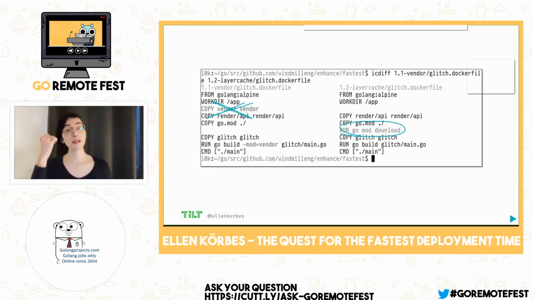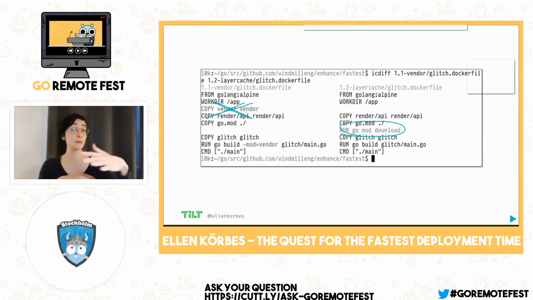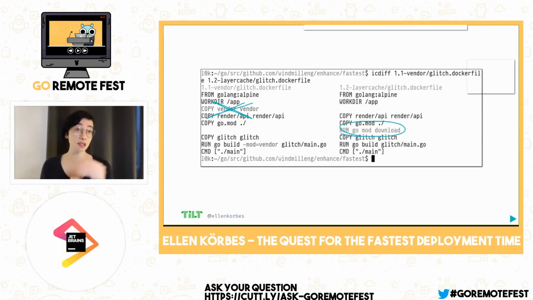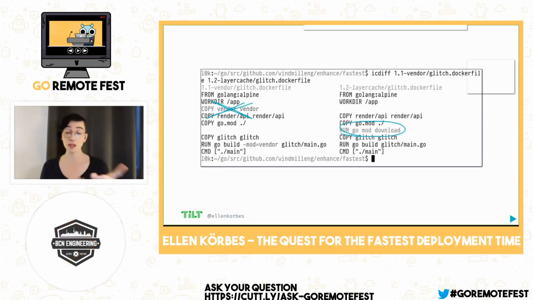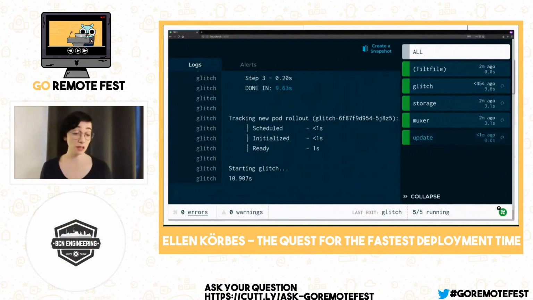That means that whenever I change my source code, I don't need to download my dependencies again because they're already cached in my Docker image. So that's going to be faster than vendoring because it's less stuff to do. I don't need to copy a bunch of stuff around, right? But there's an issue, which I'm going to show you after the benchmark, actually.